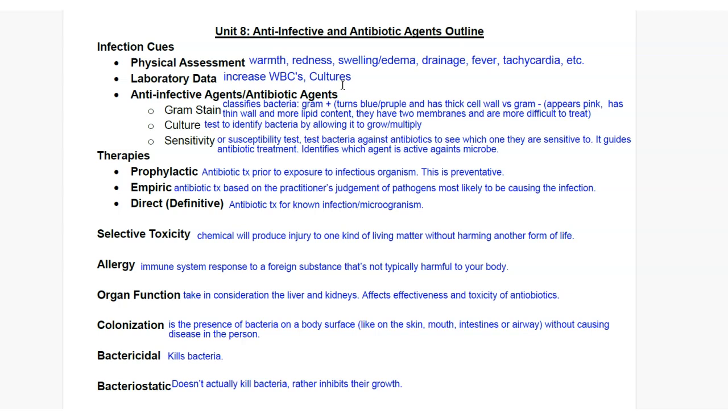Gram positive bacteria turn the stain blue or purple, and this usually means the bacteria has a thick cell wall. Versus gram negative bacteria, which appear pink or reddish after a gram stain, and these tend to have thin walls, more lipid content, and two membranes.